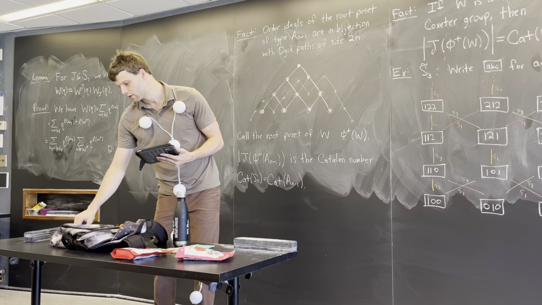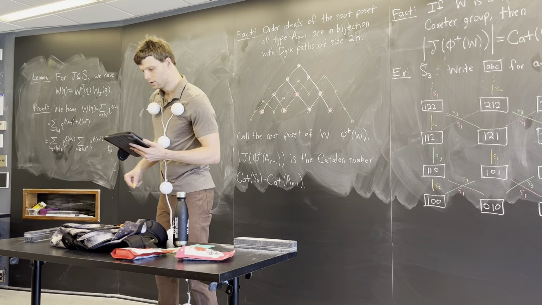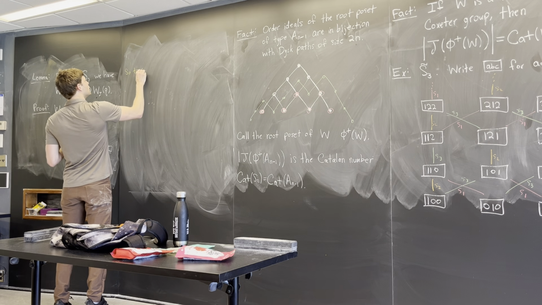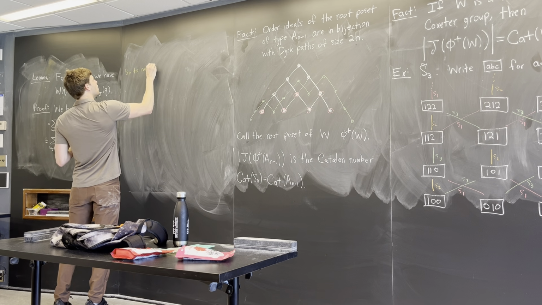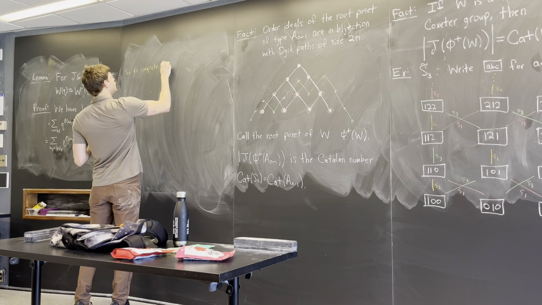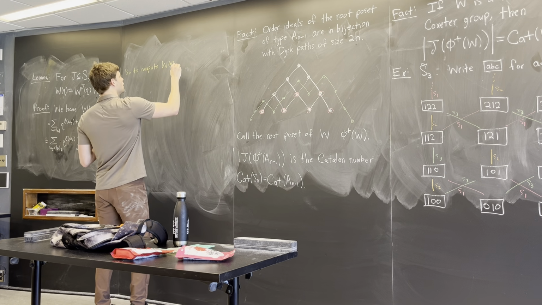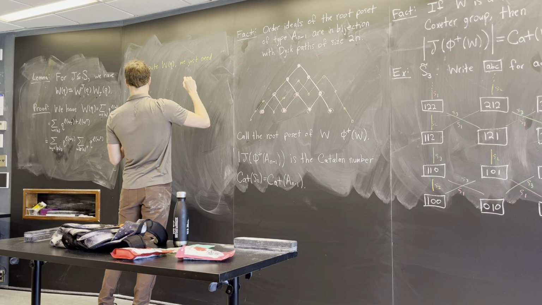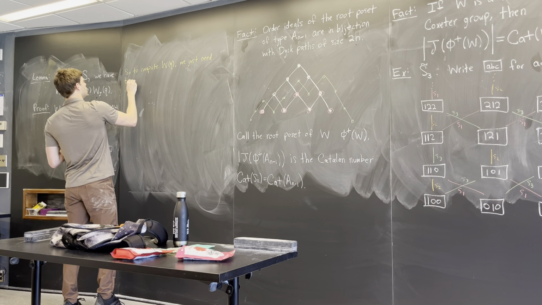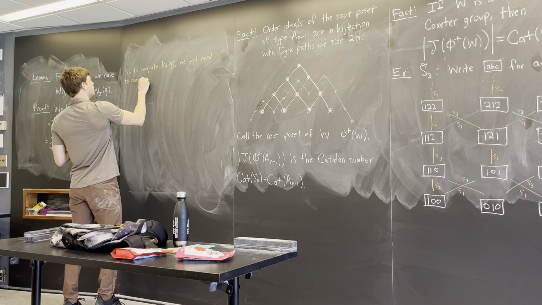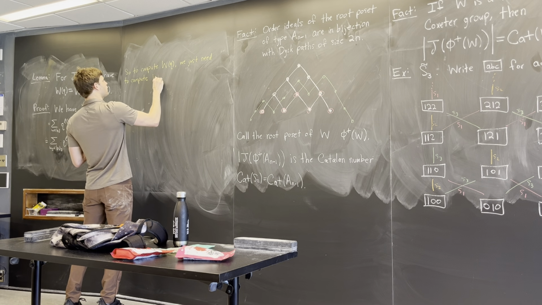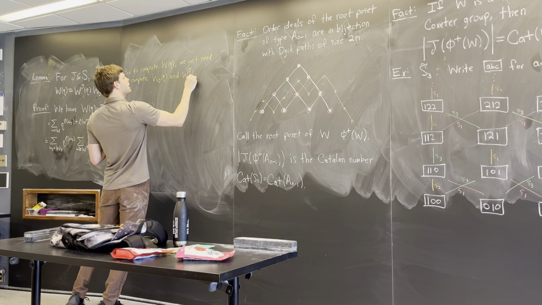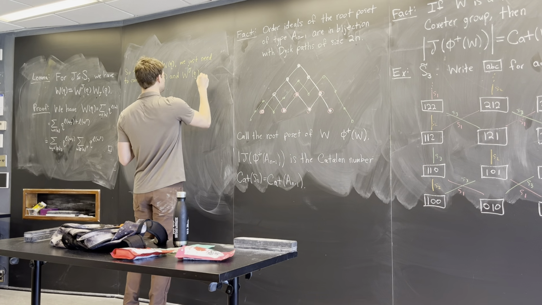So maybe I'll write this down. To compute W of Q, we just need to compute W subscript j of Q and W superscript j of Q for some j.